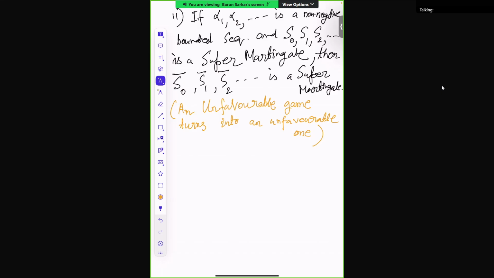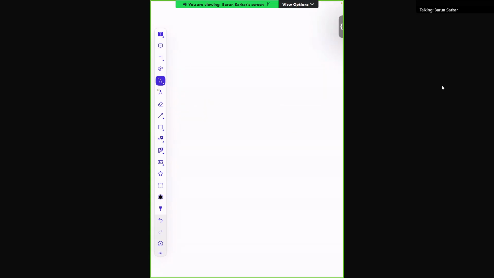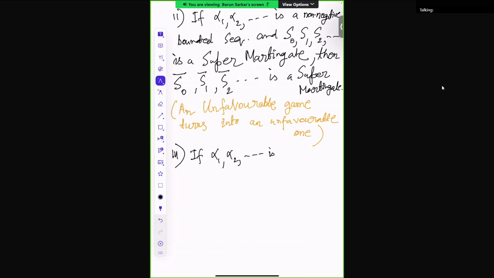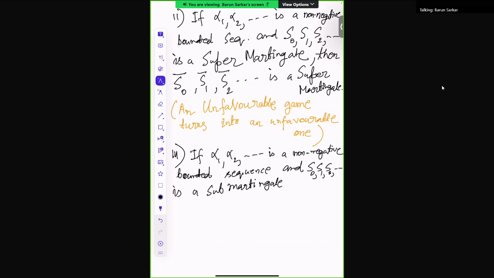Similarly, number three, if alpha one, alpha two, sorry, is a non-negative bounded sequence, and this is a submartingale, then the transformed sequence is also a submartingale.